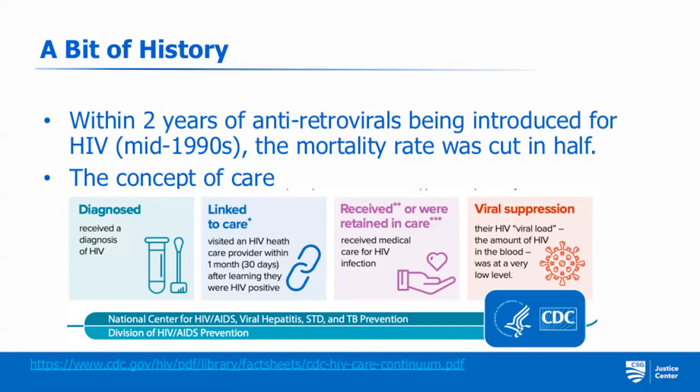And so, some scientists essentially in the early 1990s came around with this idea of a cascade that would allow us to look at how we provide care. In other words, how many people are diagnosed with HIV, how many of those people who are diagnosed are linked to care, how many people have received or retained in care, and then what's the outcome? And in this case, they looked at viral loads because as we now know, if we can get people's viral loads down, we can actually suppress the spread of the virus.